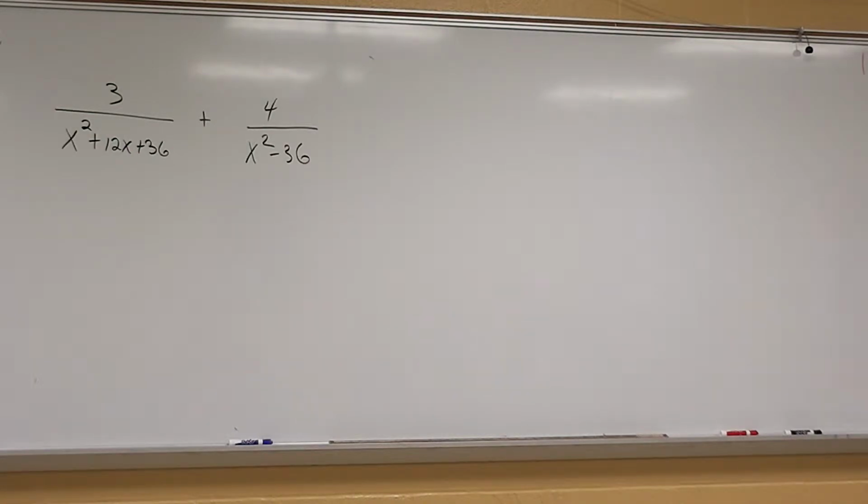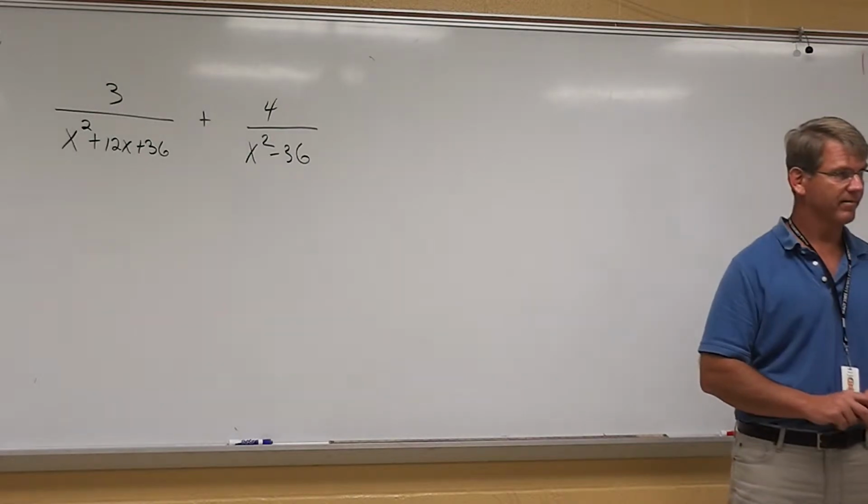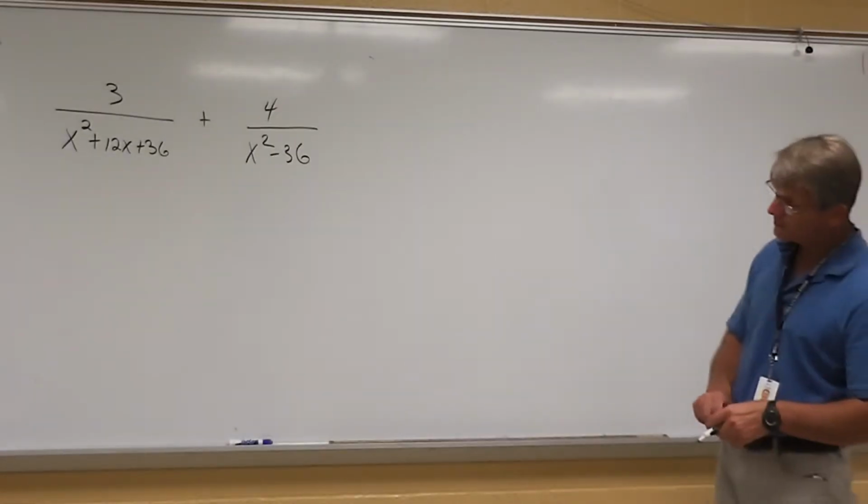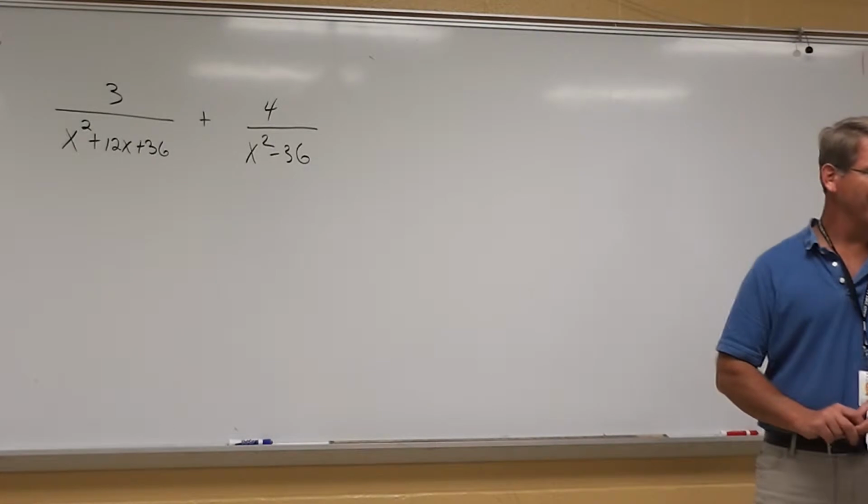Now, at this stage, I would hope we could all say they don't have common denominators, do they? They're very different. There's some similarities there, but they're different, aren't they?